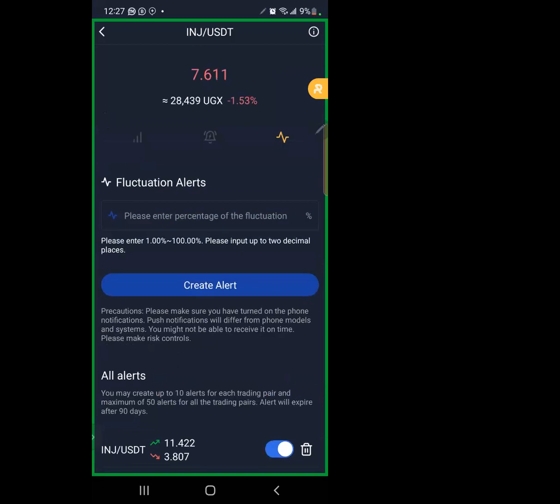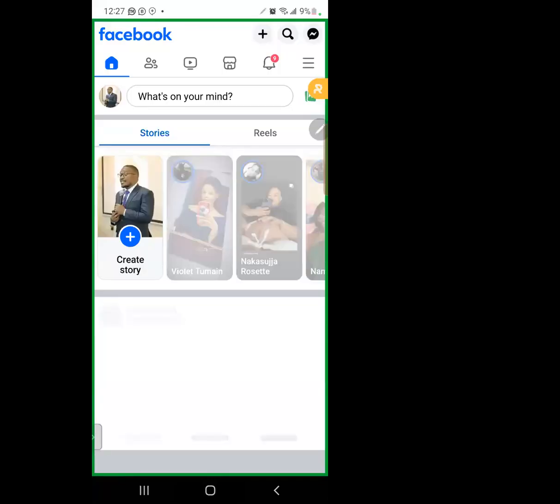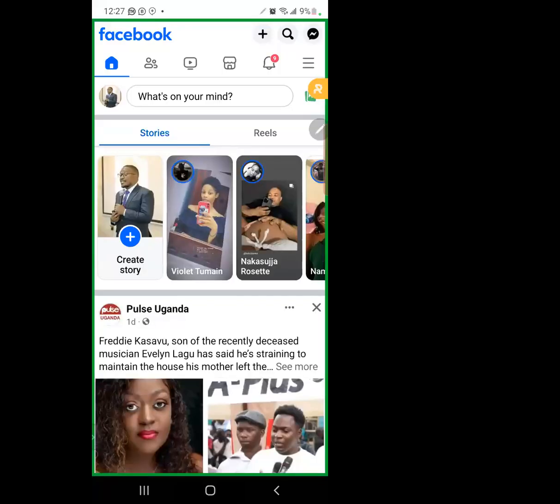So what is the good thing of having this? This will keep you in business. Even if I'm on my Facebook, I'm doing my business, this thing will be here.